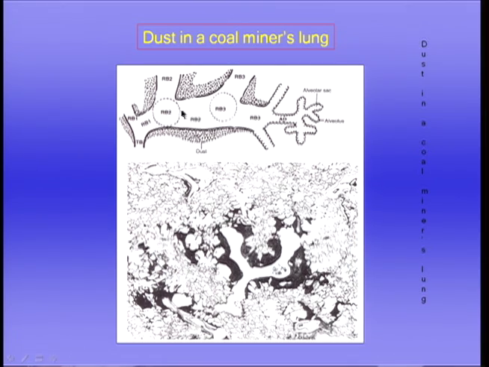Incidentally, I should mention as a caution that the fact that we find the dust here doesn't mean that it hasn't been transported to some extent from elsewhere, but nevertheless, we know this is the region where the dust is deposited.